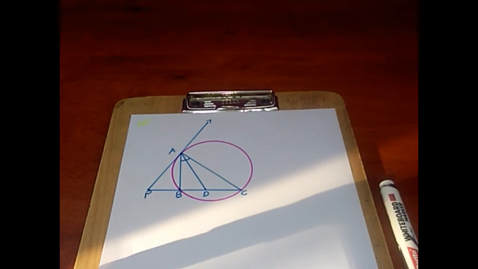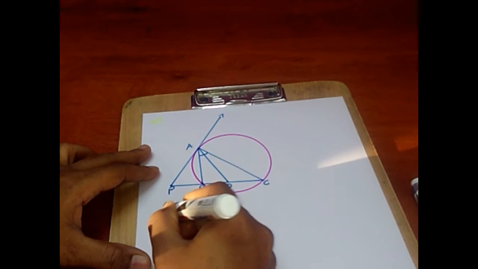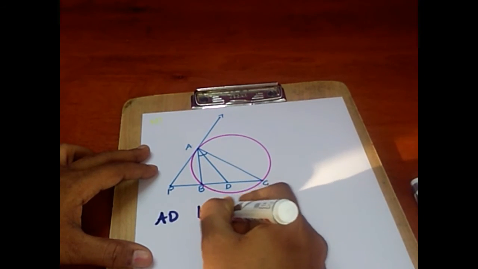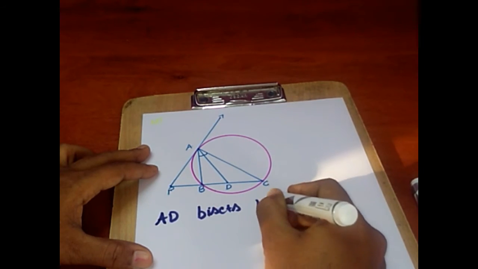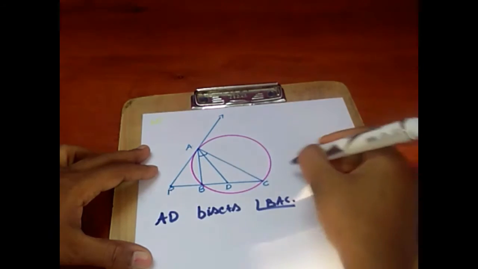So it is given in the question that AD bisects angle BAC. I am starting with the proof. AD bisects angle BAC. So here is the line AD.